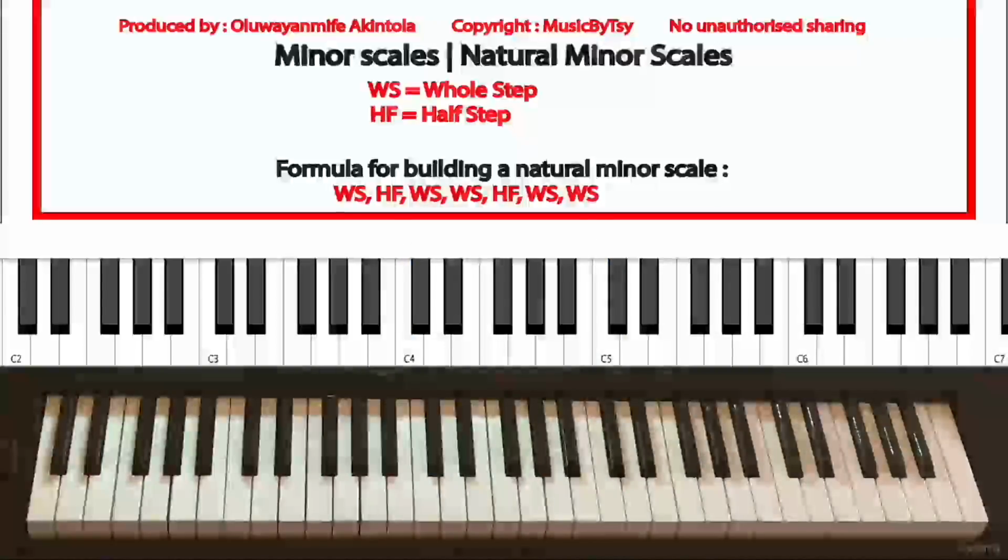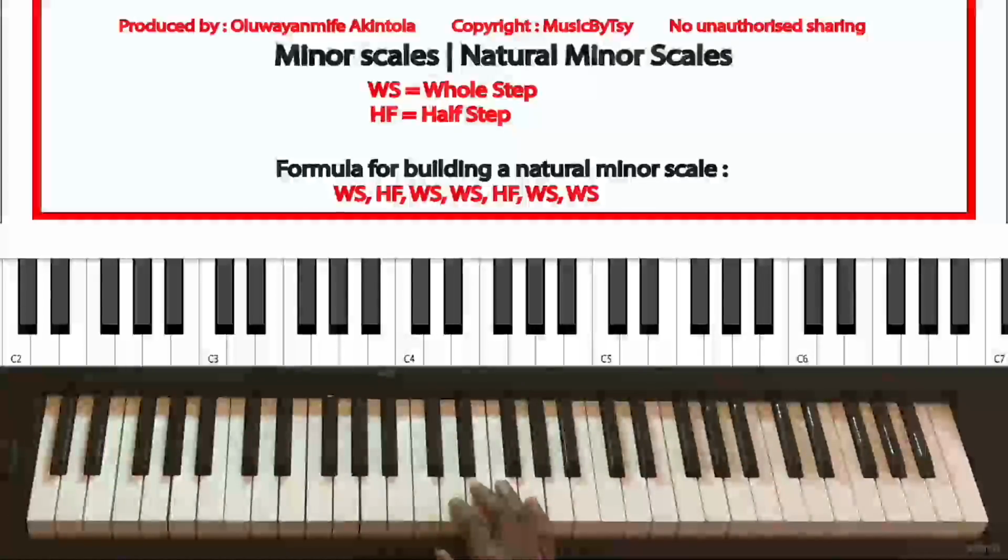So, what do I mean when I said that major scales and natural minor scales are related? Well, here is the answer. Each major scale has a natural minor scale, and they both share the same set of unique keys.